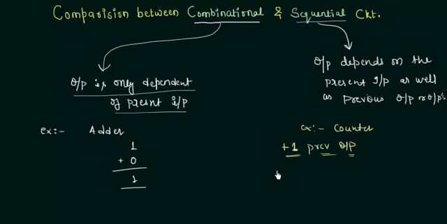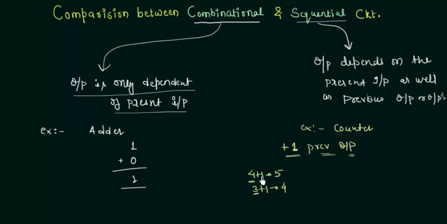For example, if it is counting 5, then it means that the previous output was 4. It added 1 to it to make it 5. Similarly, if the previous output was 3, it added 1 to get 4. So for its operation it requires the information of the previous output, whereas in the combinational circuit we don't require any information about the previous output.